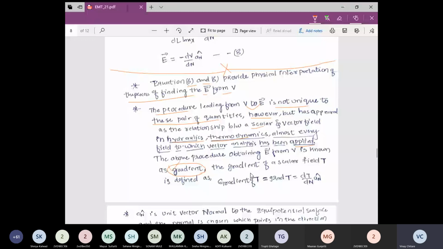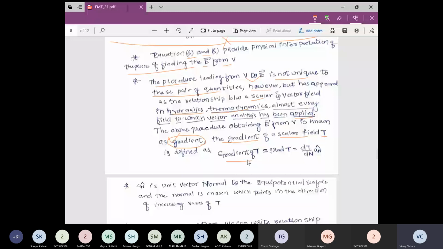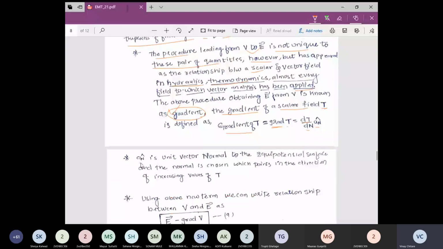So we define the gradient of a scalar field T, denoted as gradient of T, as the derivative of T with respect to n times a_n hat, where a_n hat is the unit vector normal to the equipotential surface, and the normal chosen is the one which points in the direction of increasing values of T.